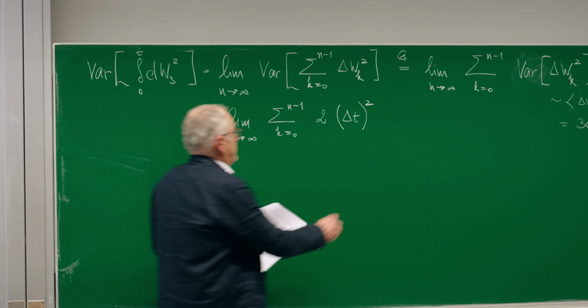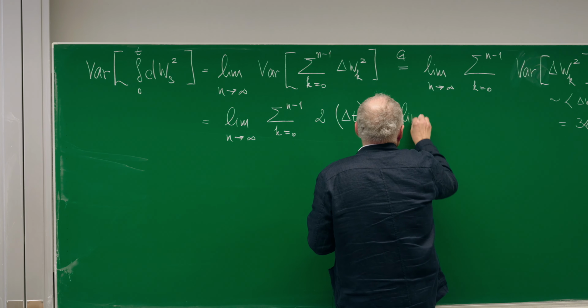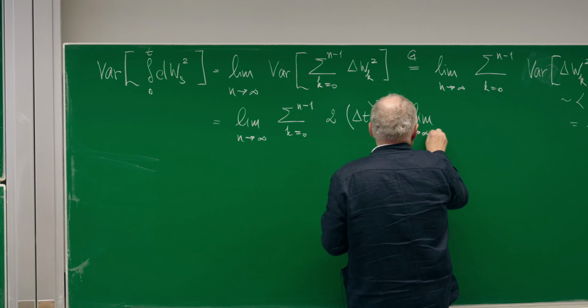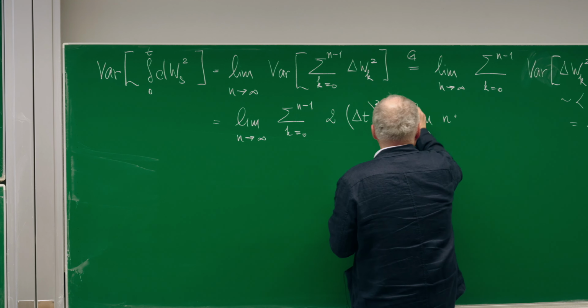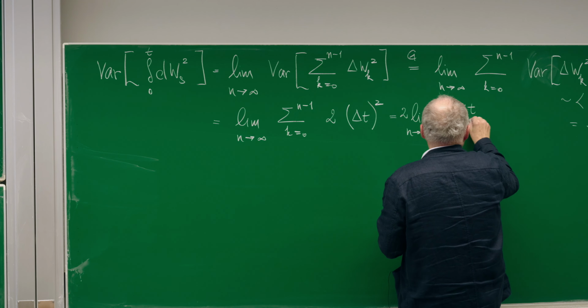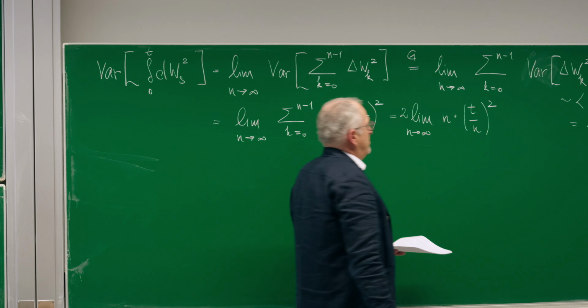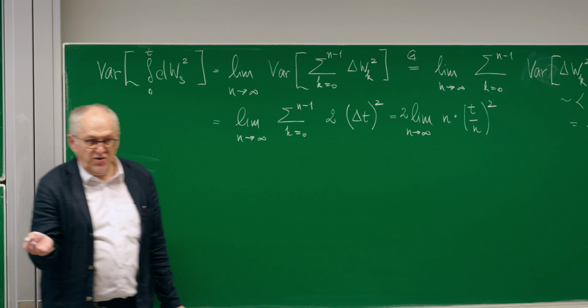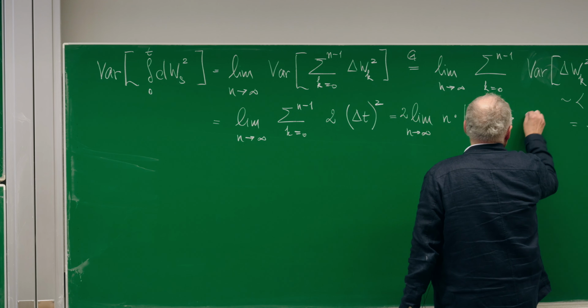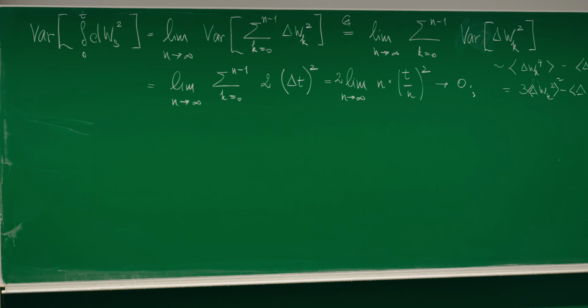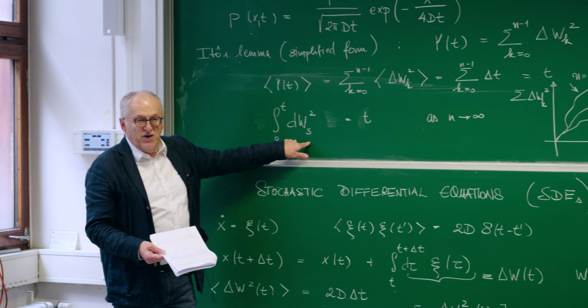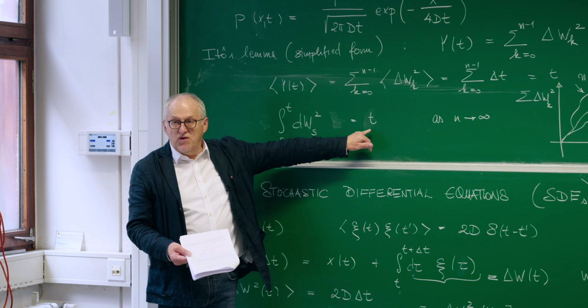As you insert what we have in our discretization scheme, with n going to infinity, this is n times the same thing, times 2, and delta t is t over n, squared. And then you see this scales like 1 over n, so it goes to 0. That proves the point. So in the sense of the variance going to 0, this integral converges to t.